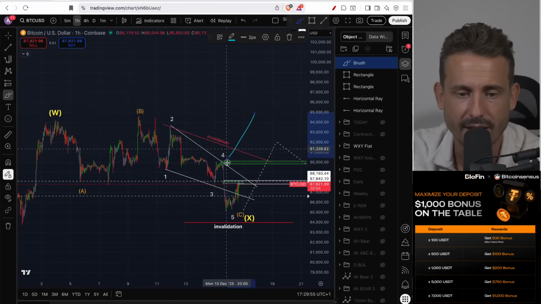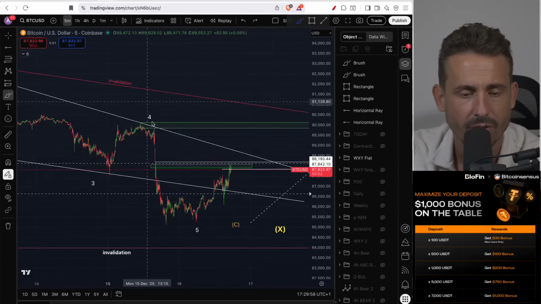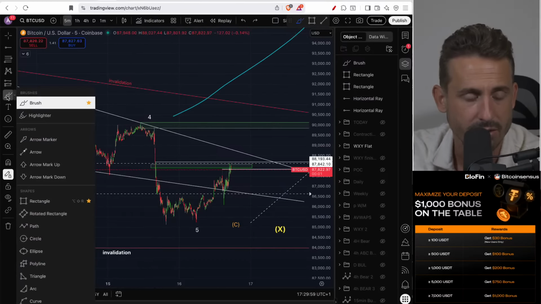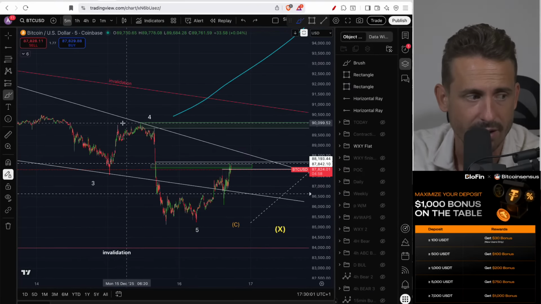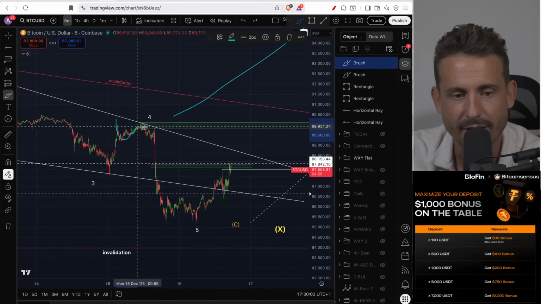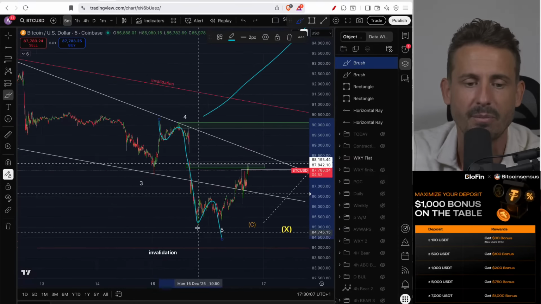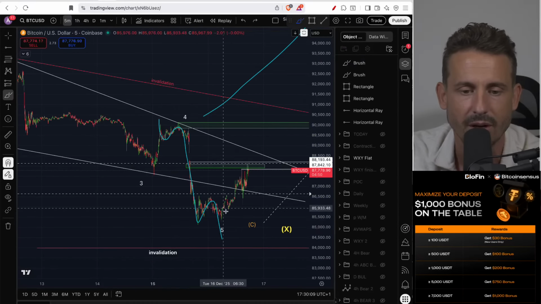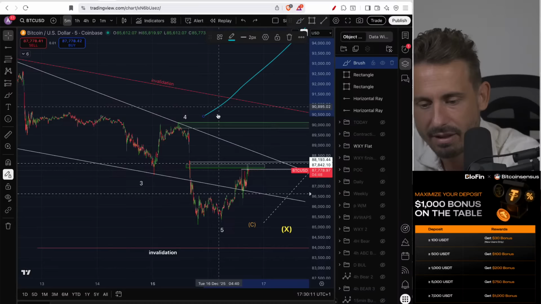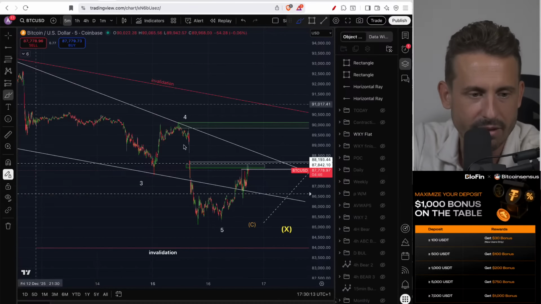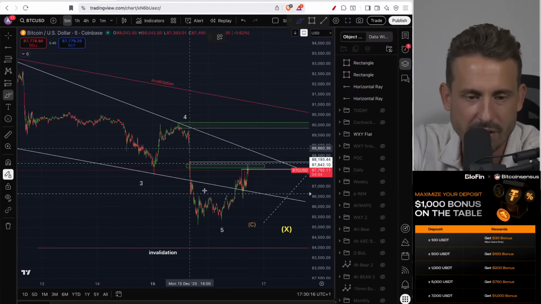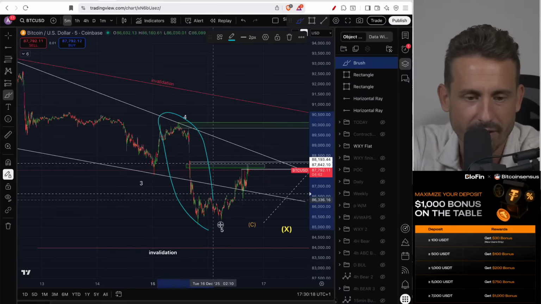And as this last move down started from this zone of yesterday, this lower high, you can fit a 3-wave down here. You had a missing wave to finish an impulse. So that's where the trap is born. The trap is born here.